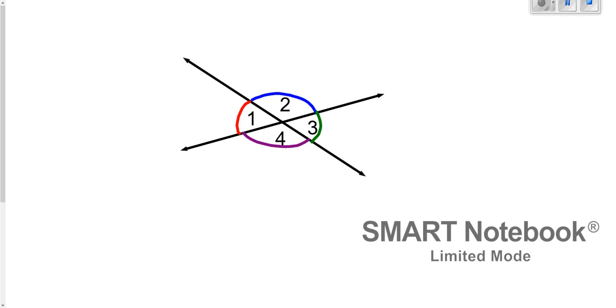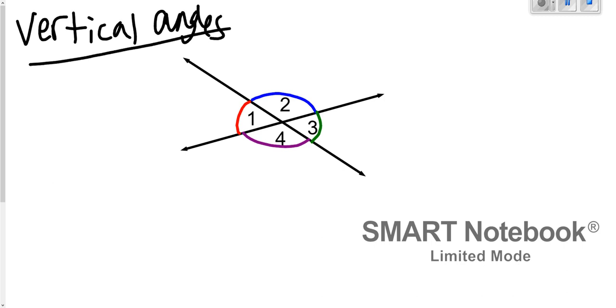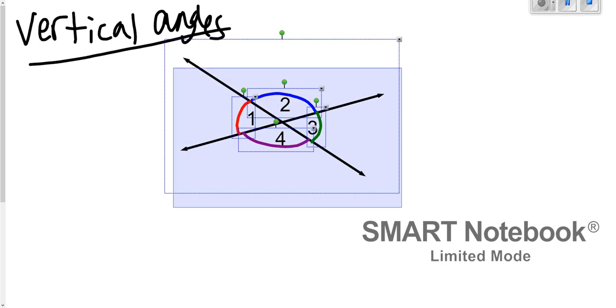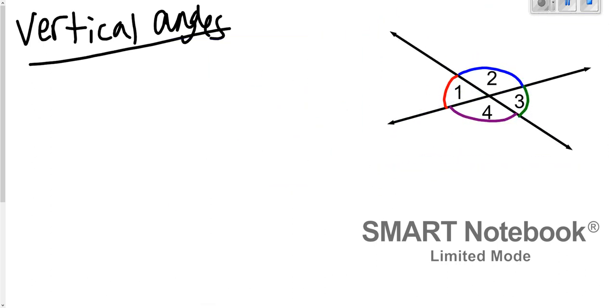Now there's a lot of different relationships here. And the first one I want to talk about is called vertical angles. Now, vertical angles, let me move this diagram over. Vertical angles are across from each other.